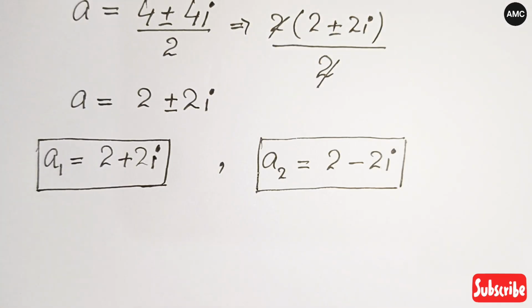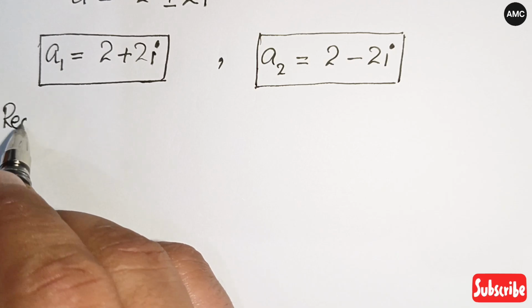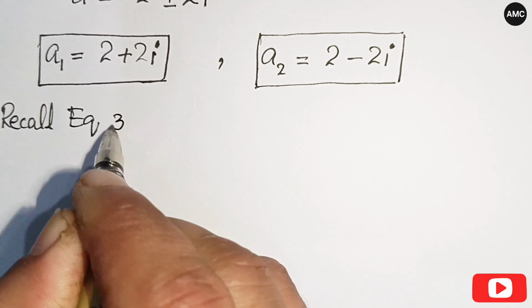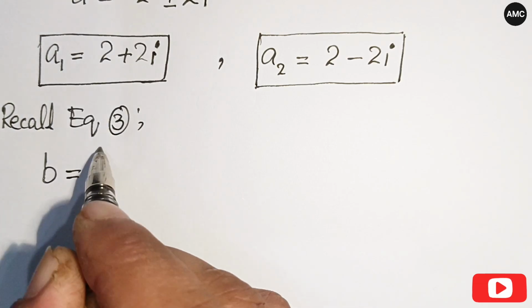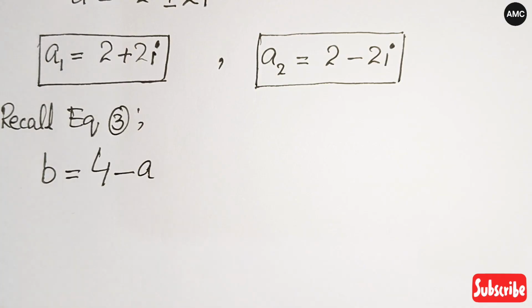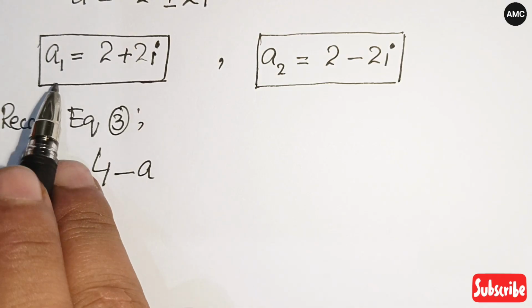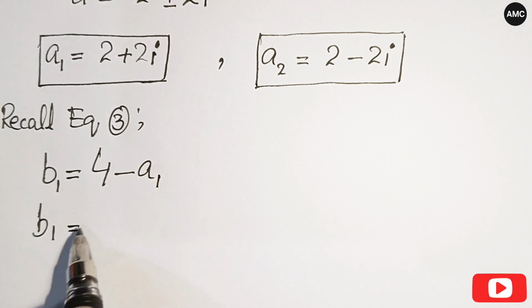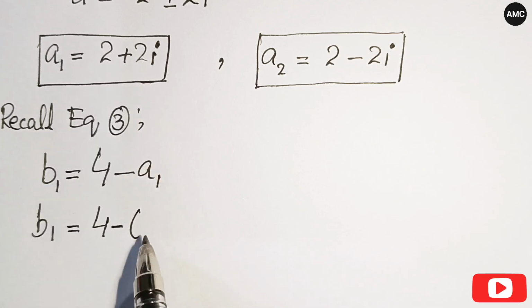So we are going to just recall our equation 3. Here we have b is equal to 4 minus a. So when a is equal to a1, then this b will be b1. So b1 is equal to 4 minus a1, which is 2 plus 2i.